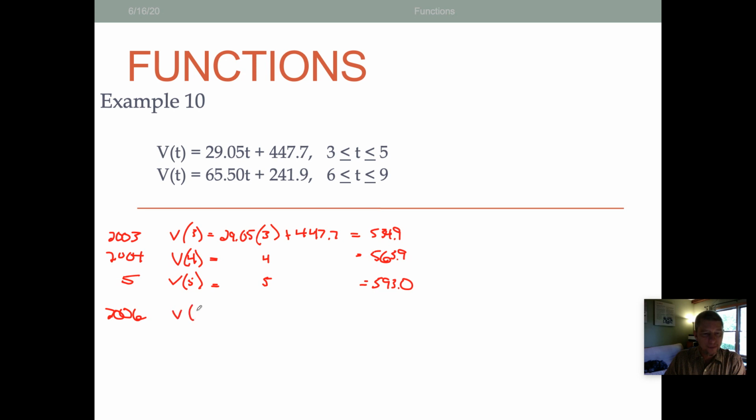Now, for 2006, we start with the next equation. And so now V of 6 is going to equal 65.50 times 6 plus 241.9. And I'm sorry about the sloppiness. I'm trying to write with a mouse. It's not easy.